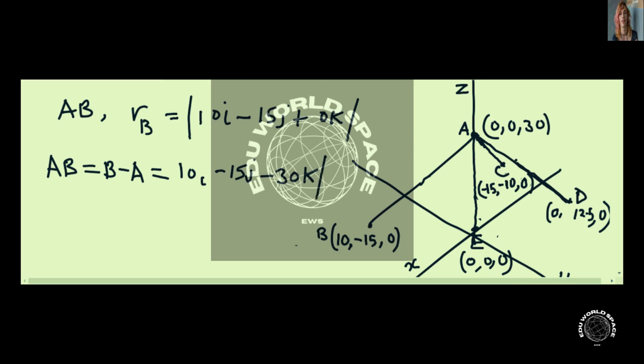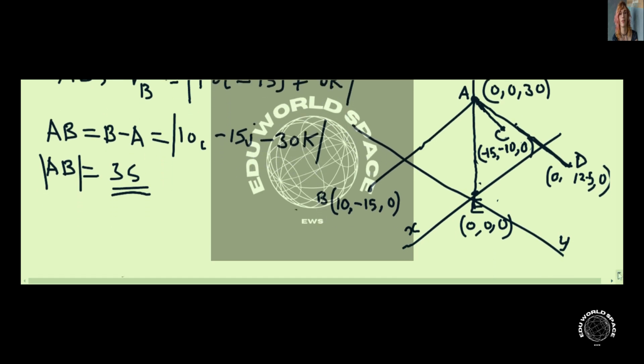So this is the vector AB. Of course, we need to know the magnitude of AB. When you solve it, you are going to have it to be 35. For the components 10, minus 15, minus 30, look for their squares, add the squares and take the root.